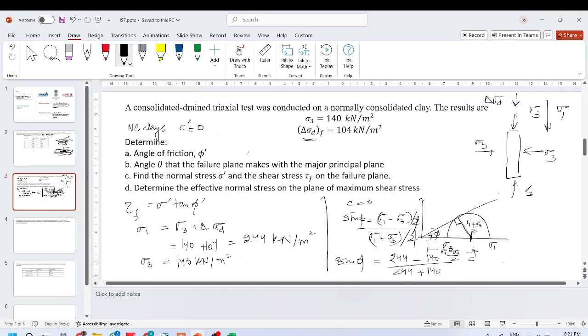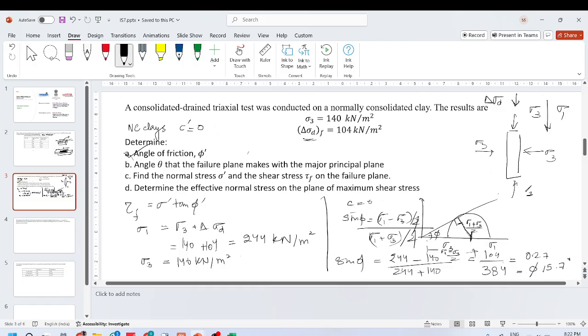Let's calculate this. This comes out to be about 15.7 degree. So we calculated this.